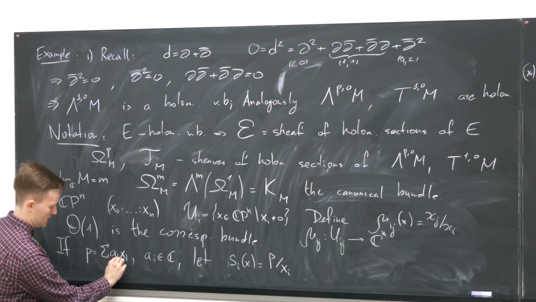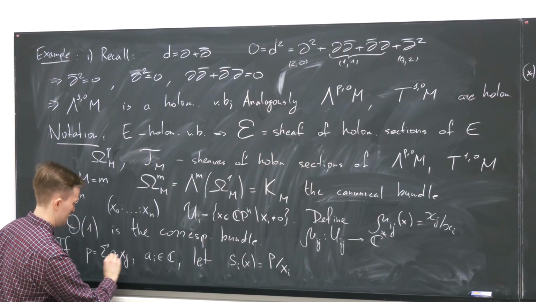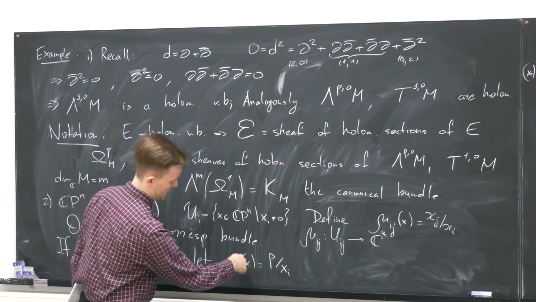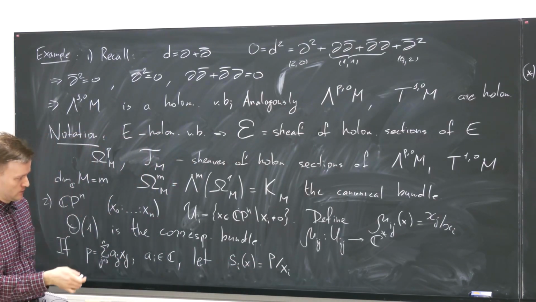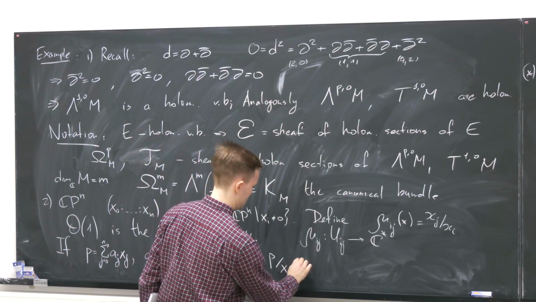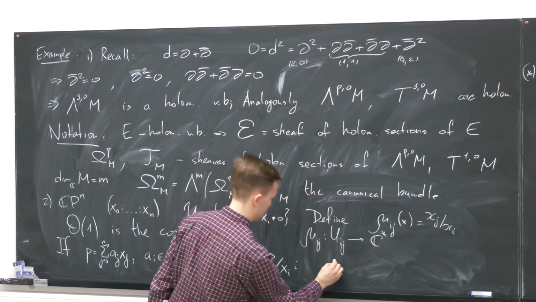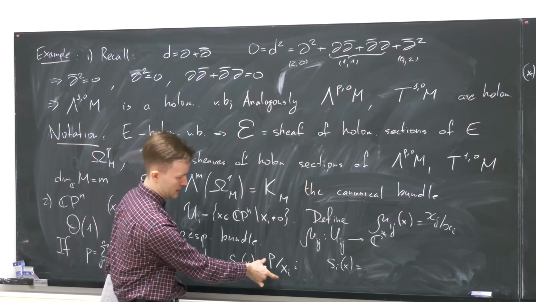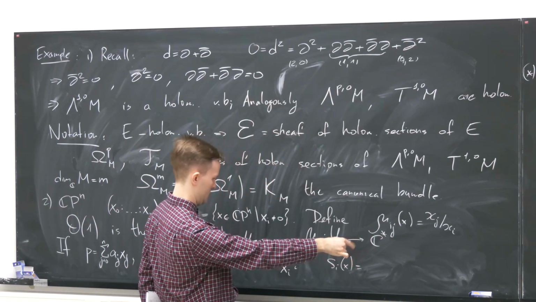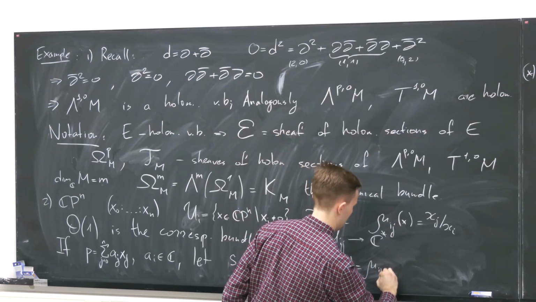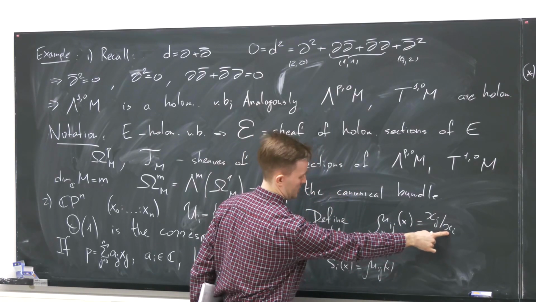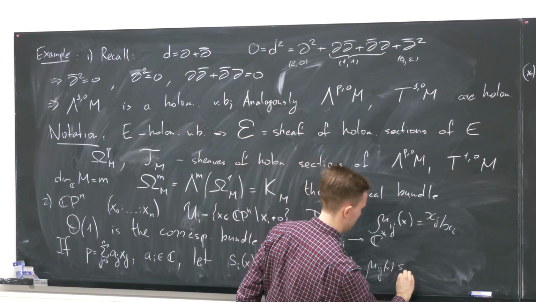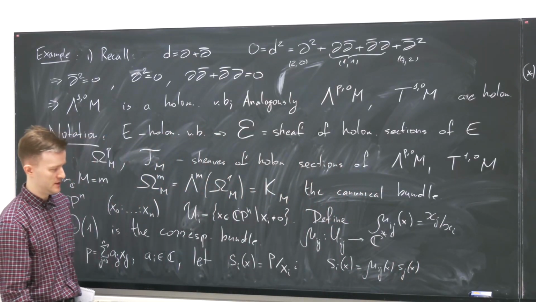So I take this linear form and I consider the following function on Ui, and this obviously satisfies the following relation: Si of x equals mu ij of x, which is xj divided by xi, multiplied by Sj. So this really gives me a section.